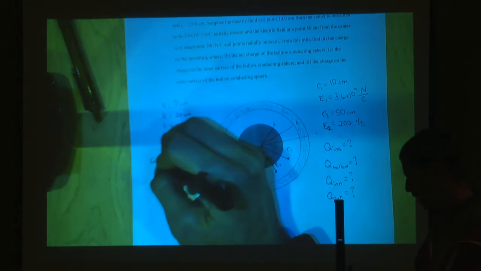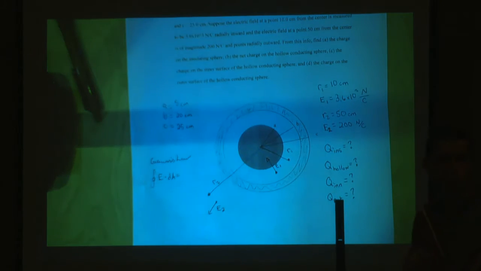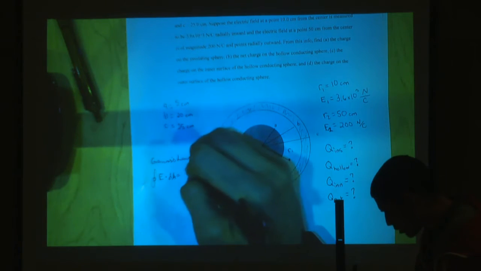So we have Gauss's law, which states the closed integral of E dot dA equals the charge enclosed by our Gaussian surface divided by epsilon naught, the permittivity of free space for electric fields.